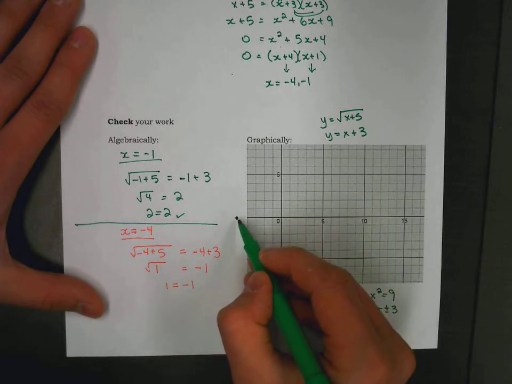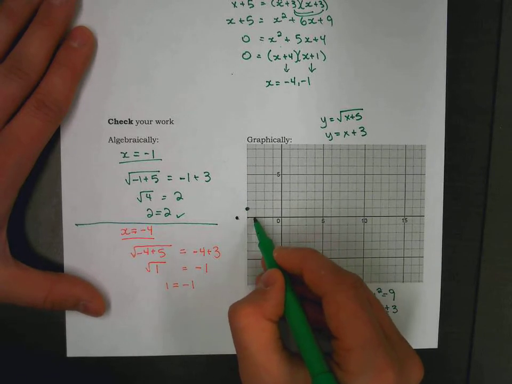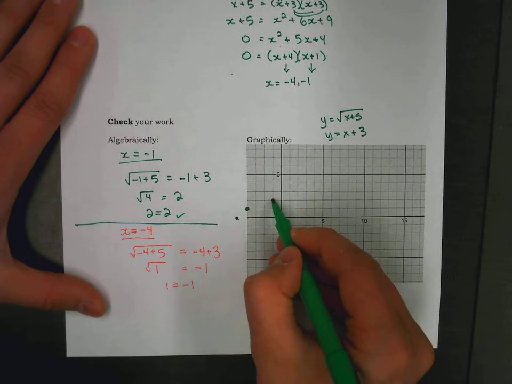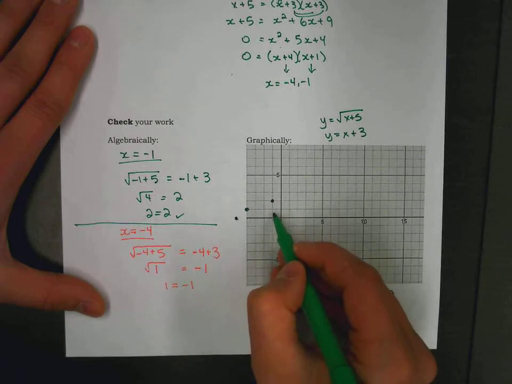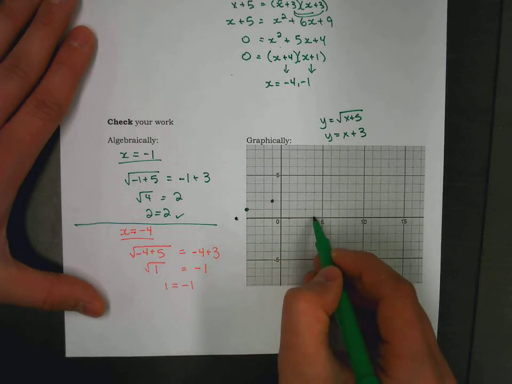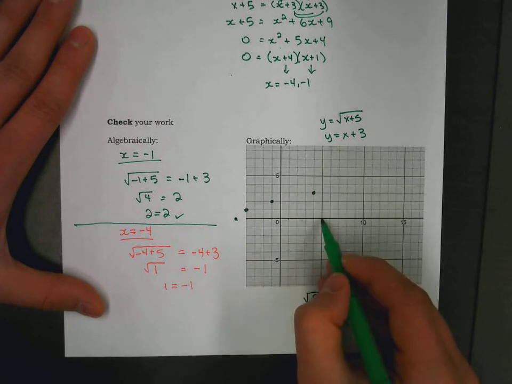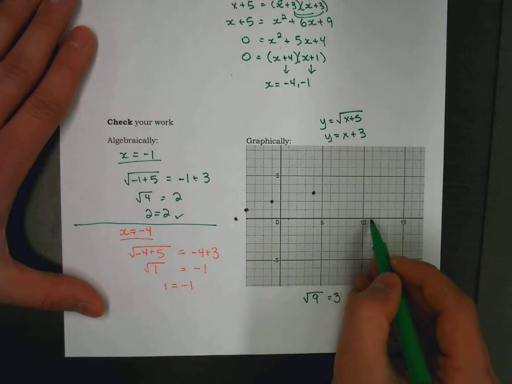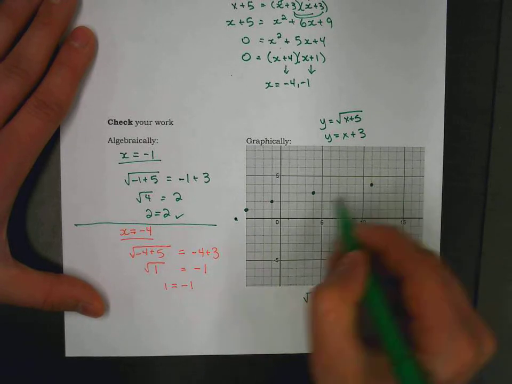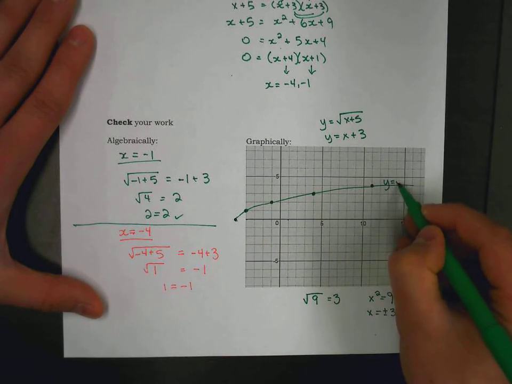So we travel with our base function, 1 right, 1 up. 1, 2, 3, 4 over, 2 up. The square root of 4 is 2. 1, 2, 3, 4, 5, 6, 7, 8, 9. The square root of 9 is 3. The square root of 16 is a 4. This is the square root of x plus 5.